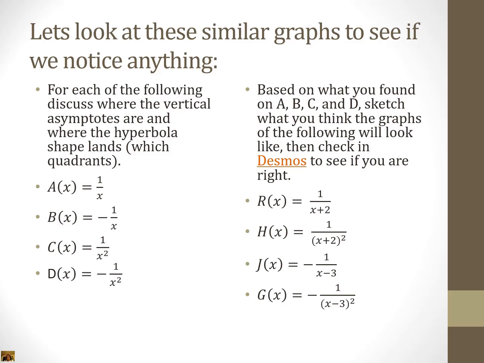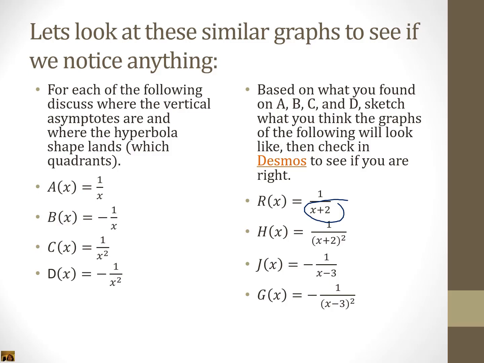Now, what you probably noticed is that R of x is very similar to A of x. So all we have is this plus 2 here. So rather than having your vertical asymptote at x equals 0, this shifted to the left, and your vertical asymptote is now at x equals -2.